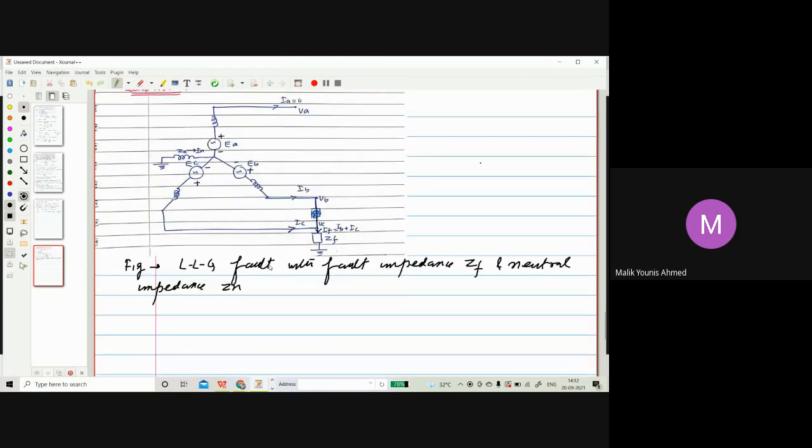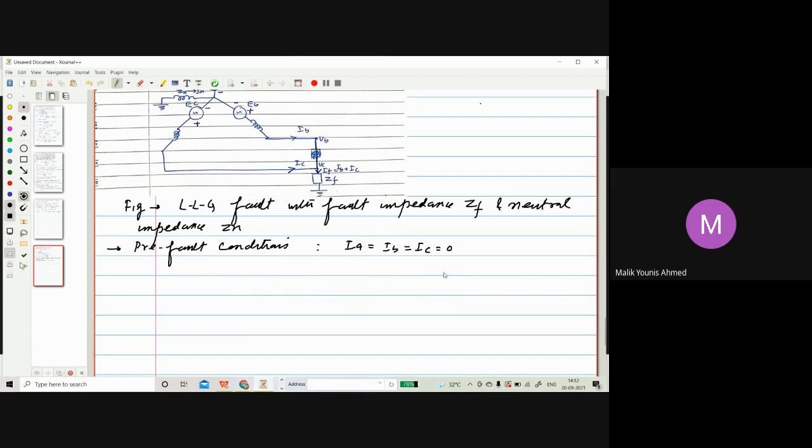The pre-fault conditions I am not going to write now, everybody knows that. It's an unloaded alternator, so this is all pre-fault, unloaded alternator. Post-fault conditions are very important for me.